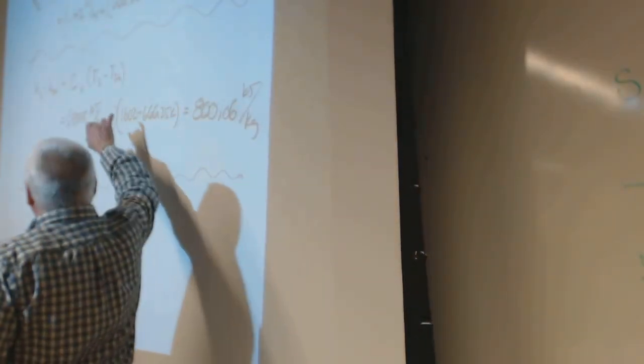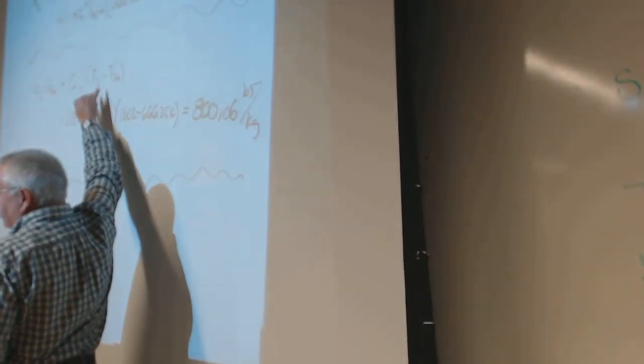Okay, I'm buying it actually. What was it? 800.06. And how did we know that? What was the difference between these two temperatures? How did we calculate it?